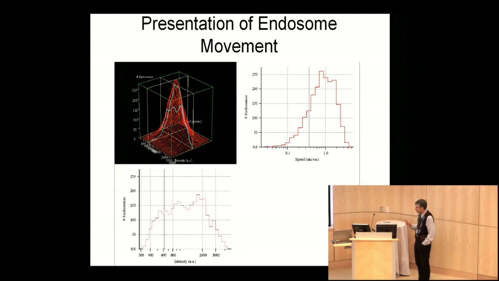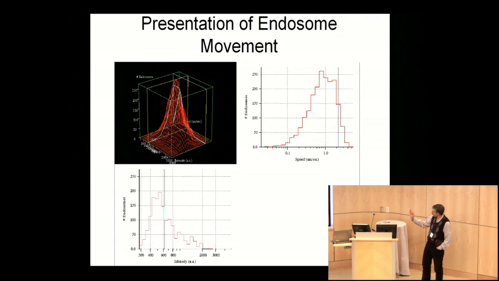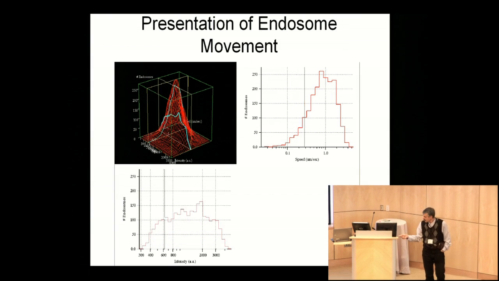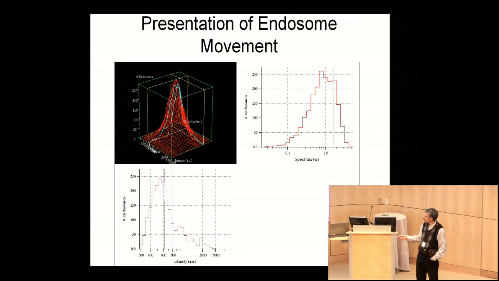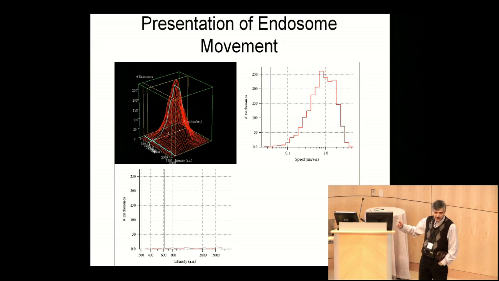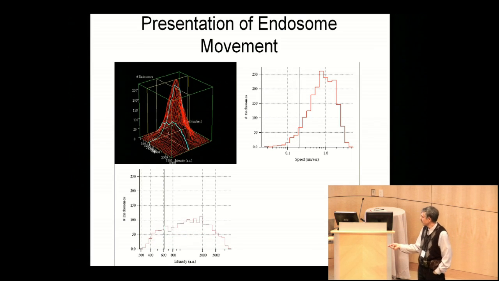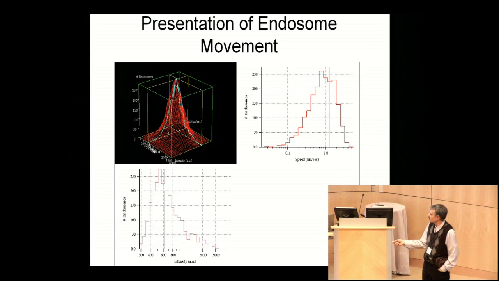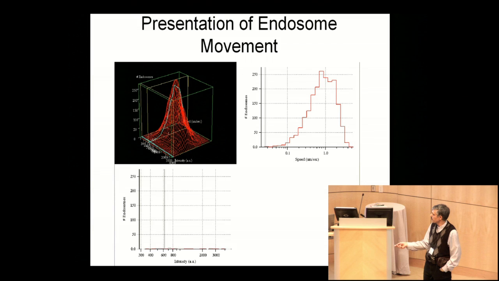Then I see the situation is not so simple. If I move along the speed, I have very different distributions of the intensity of endosomes. It's not only going up and down, it qualitatively changes. At the beginning, it has a peak on the big side, the size of big endosomes, and at the end, at very high speed, it goes to small endosomes.